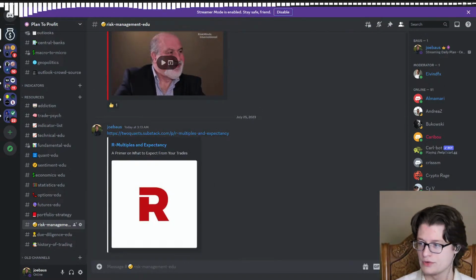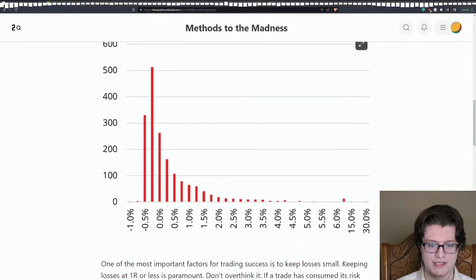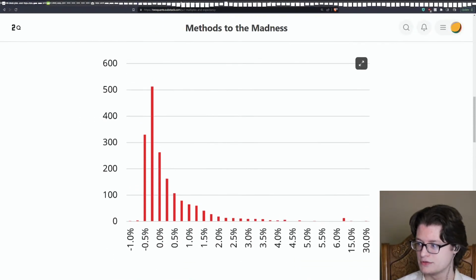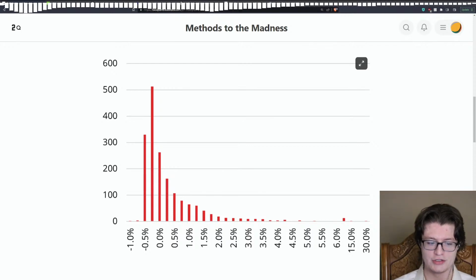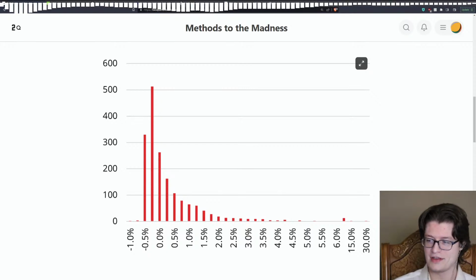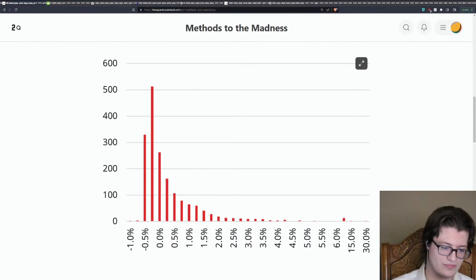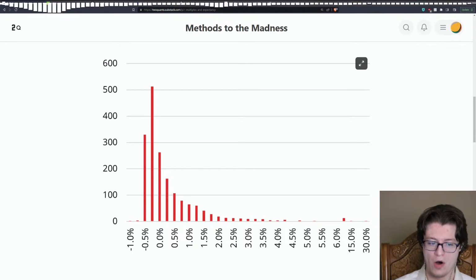I highly recommend reading this article if you're brand new. This article is particularly fantastic because of this chart here. It actually shows you, instead of having this weird distribution where your losses can be tens of percent, limit your losses to 0.5%, and always get stopped out at 0.5% of whatever risk you put on.